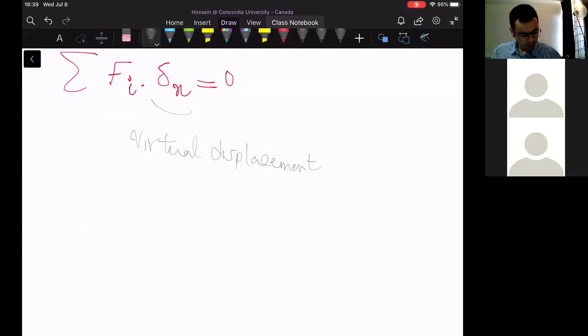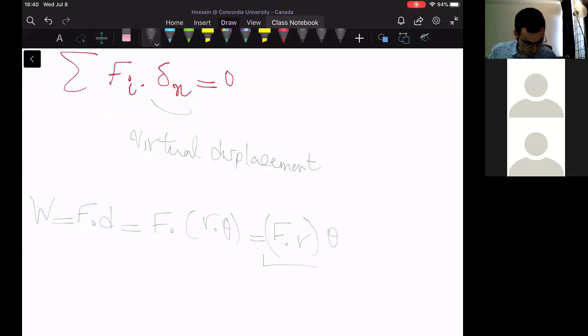Work is also equal to force multiplied by displacement, right? Displacement can be written in the torsional case as r theta, so it can be written as F multiplied by r theta.